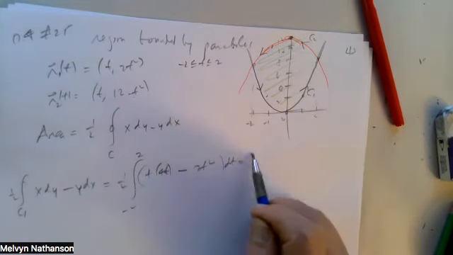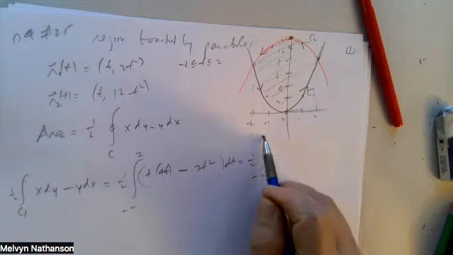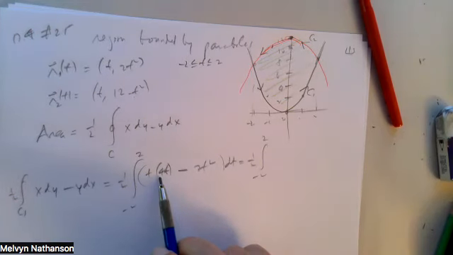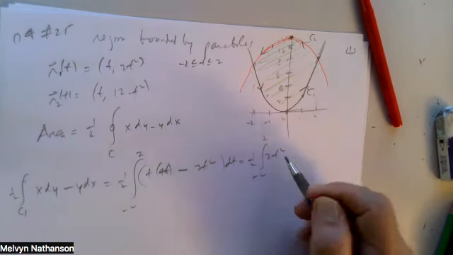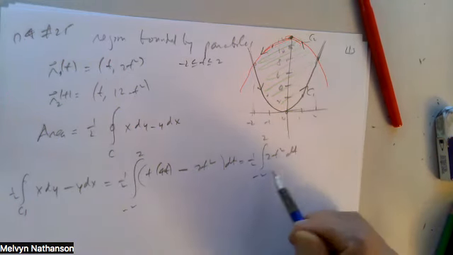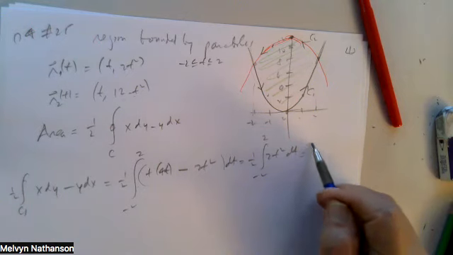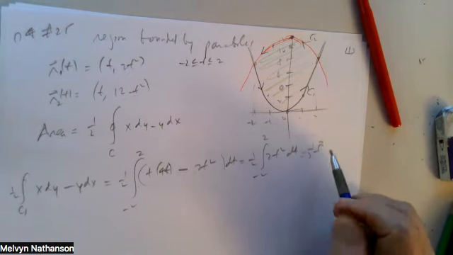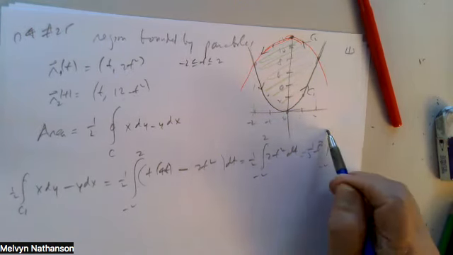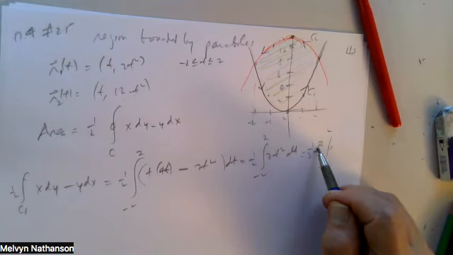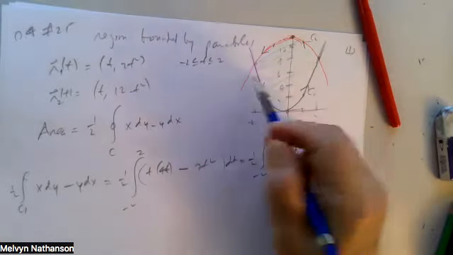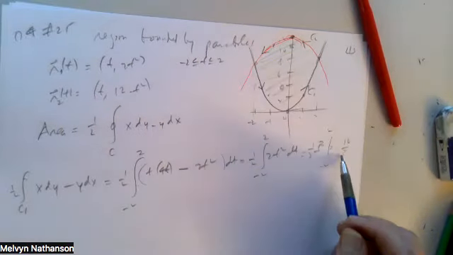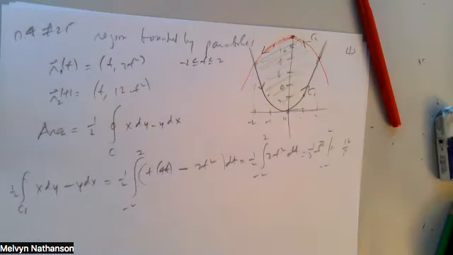Okay. That's 1/2 the integral from -2 to 2, 4t squared minus 2t squared is 2t squared dt. This is 1/3 t cubed evaluated from -2 to 2. So this is 8/3 plus 8/3 is 16/3. So this integral from here to here is 16/3.